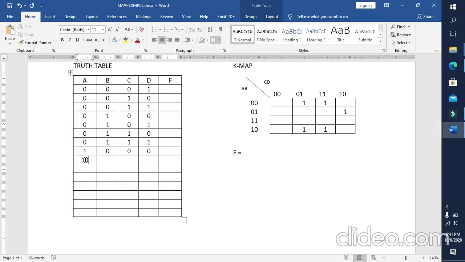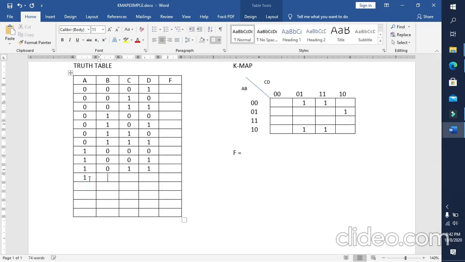Then 1, 0, 0, 1. Then 1, 0, 1, 0, and 1, 0, 1, 1.